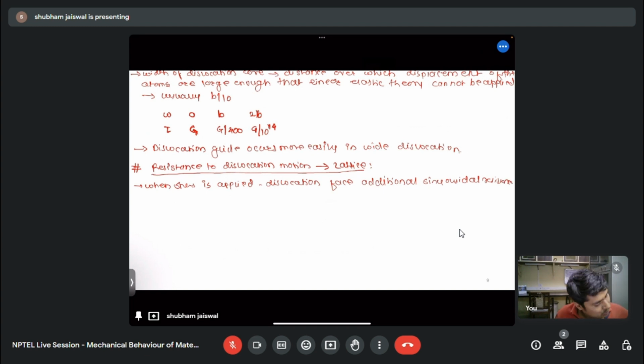And this is given by the Peierls-Nabarro energy, or the energy of the Peierls-Nabarro valley.